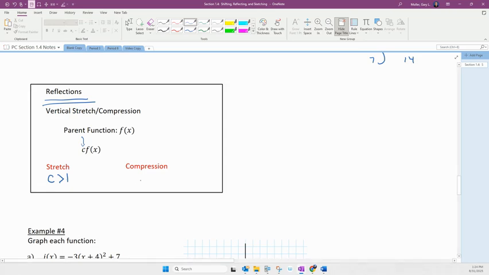And if C is between 0 and 1, let me put the C here, and I guess I could use interval notation here, but I'm committed. If C is less than 1, but greater than 0, then what we're going to do is we're going to get a shrinking, a vertical compression. It won't be as tall, in other words.